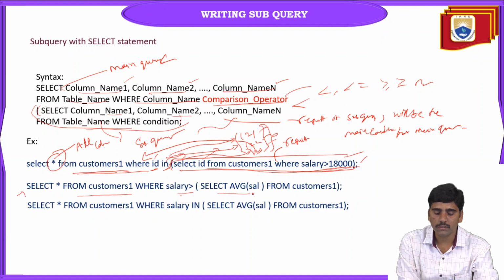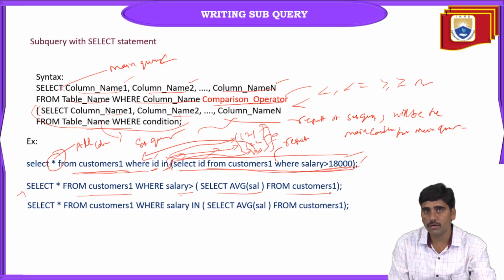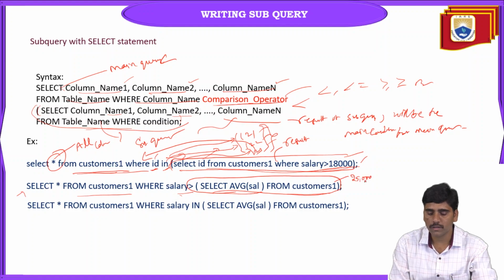And similarly, see here, select star from customer 1 where salary greater than, select average of salary from customer 1. Here you will get the result as the average salary. Suppose 25,000 is the average salary of all the employees. Now this acts as the condition for the main query: select star from customer 1 where salary greater than 25,000.